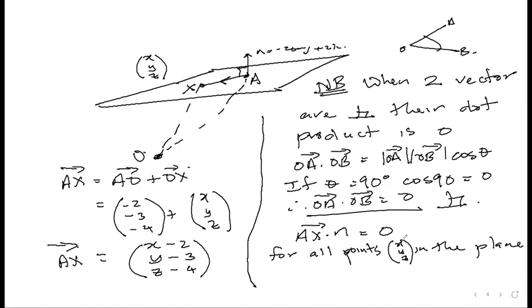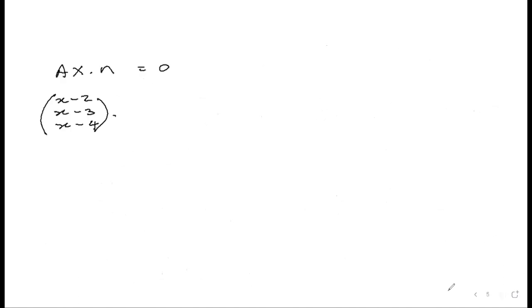Yeah, so it should be x minus 2, y minus 3, z minus 4. But you have x minus 3, x minus 4 when you go over to the next page. Yeah, you have x's.